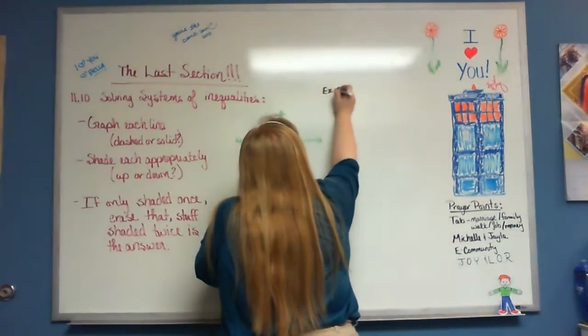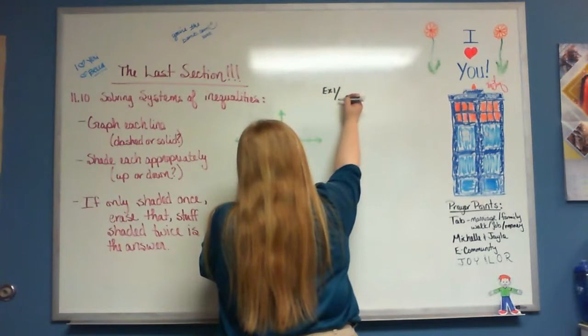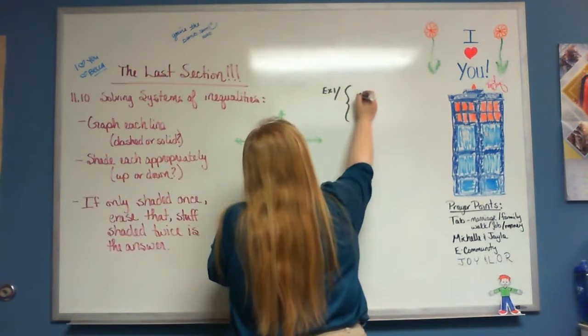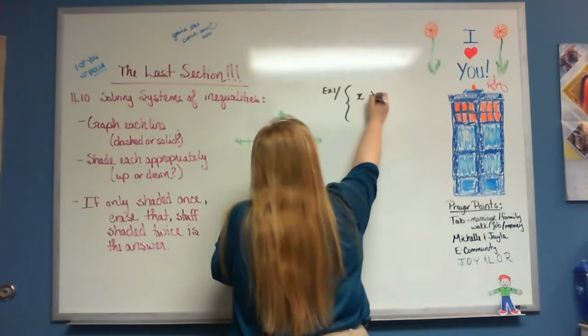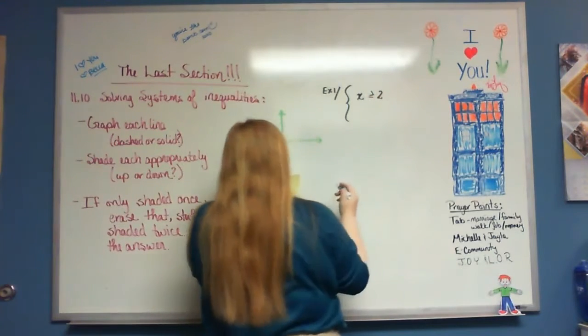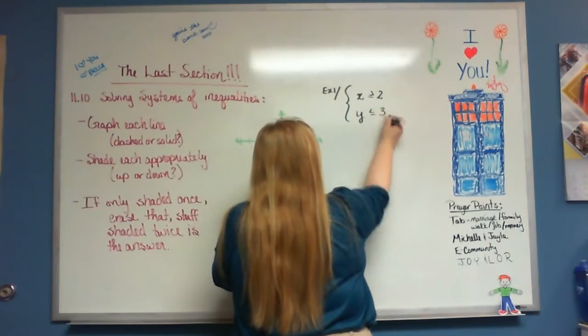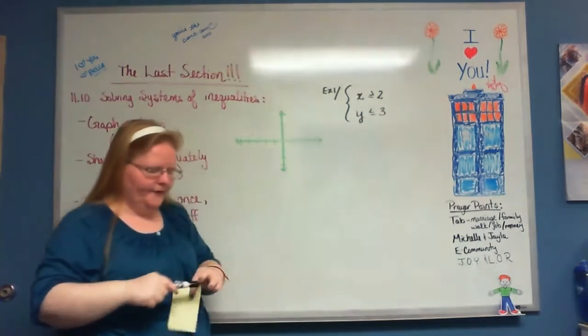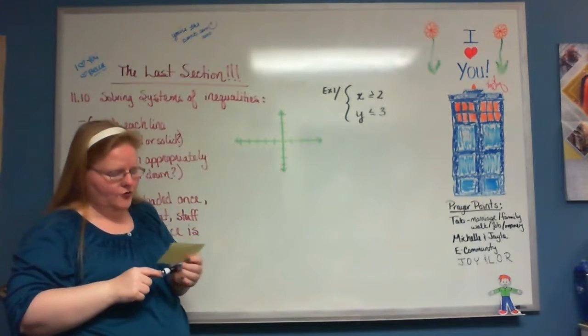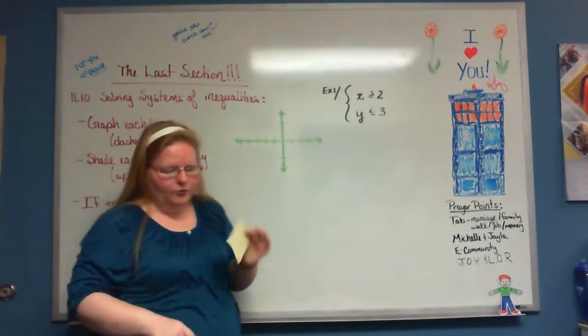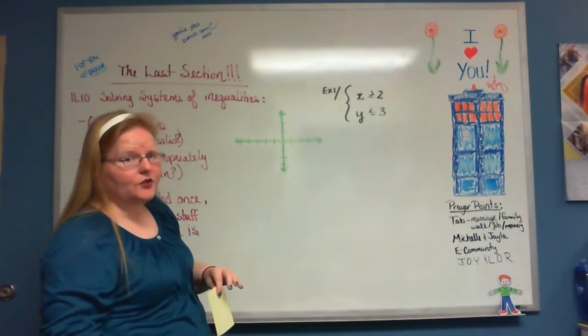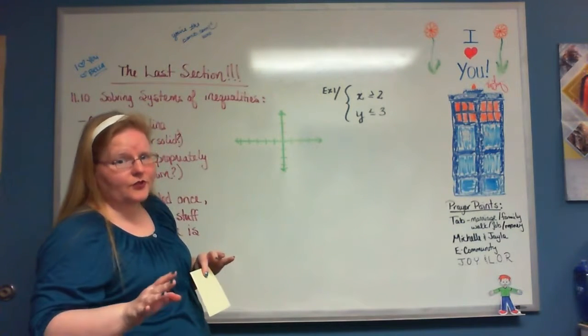Example 1. We're going to do x is greater than or equal to 2, and then y is less than or equal to 3. I'm going to do them in different colors so that it'll help you out. But when you're doing them, I'm suggesting you do them in pencil, not in different colors.